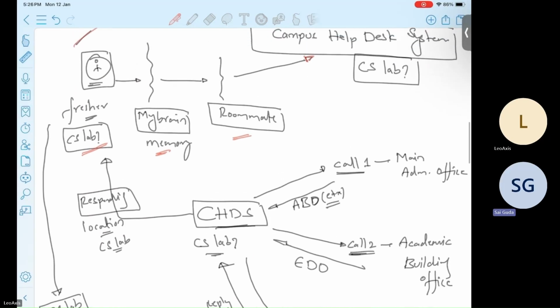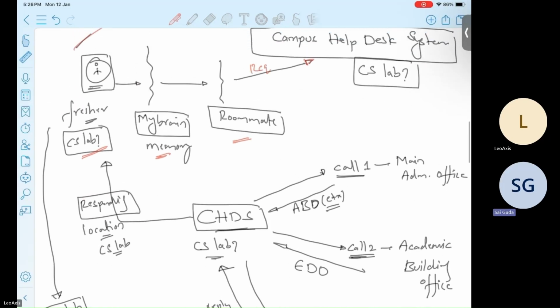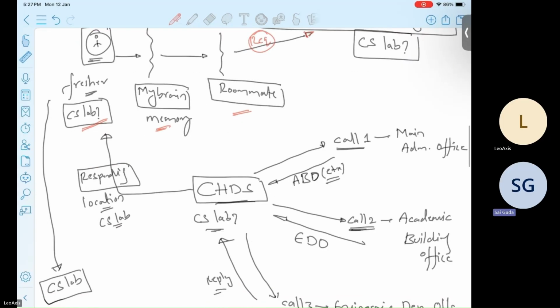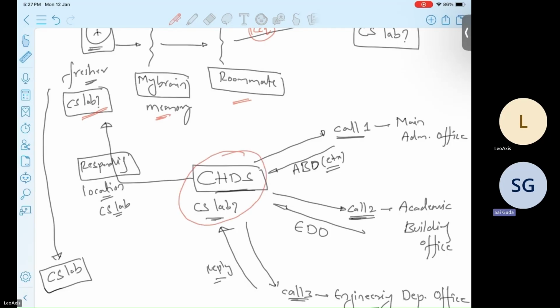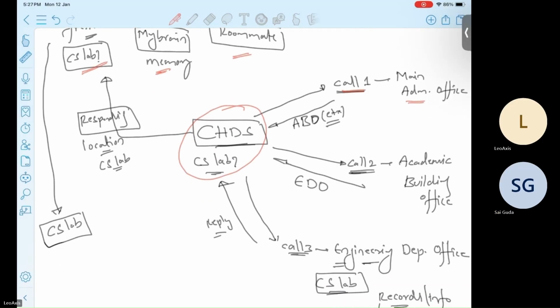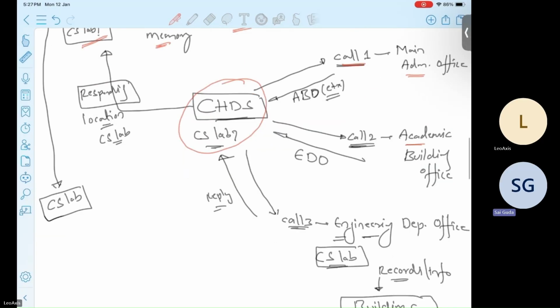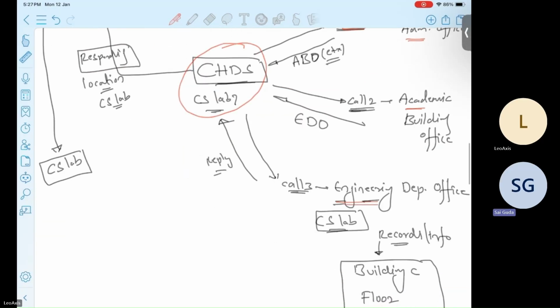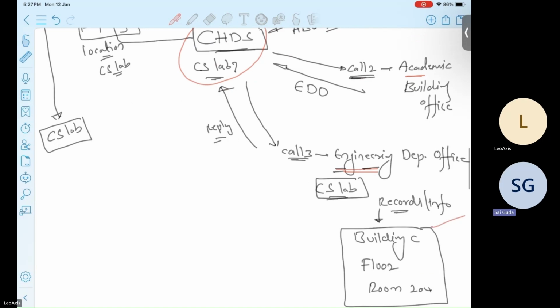Once I initiate a request to the campus helpdesk system, the system provides the details to me. How? The system makes a call to the admin department office, who redirect to the academic building office, who finally redirect to the engineering department office. This is the final place where we can find the exact location.